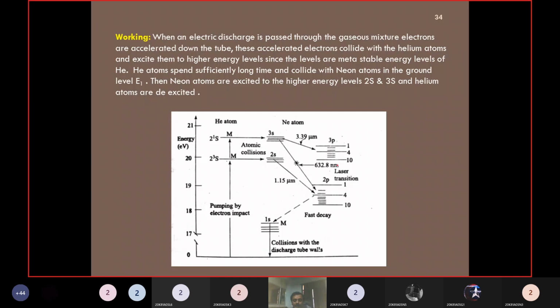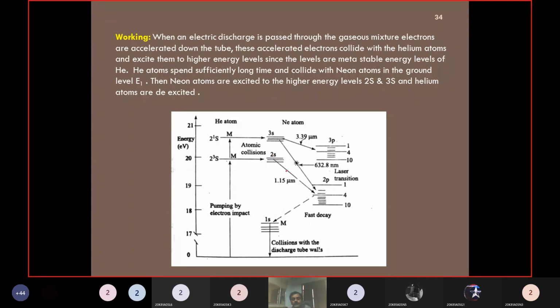So what we have to remember mainly here is that whenever electrons collide with the helium atom, it goes to the excited state. Then the excited helium atoms again collide with the neon atoms, and the neon atoms go to the excited state.